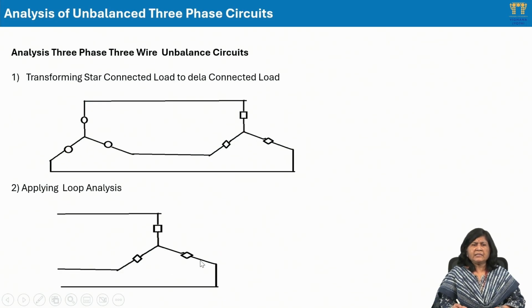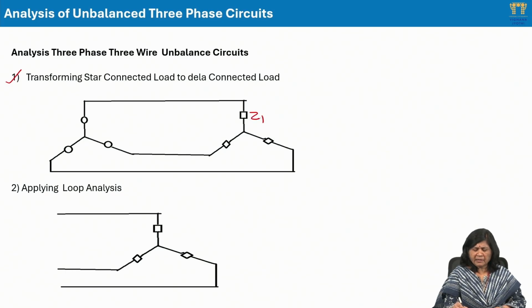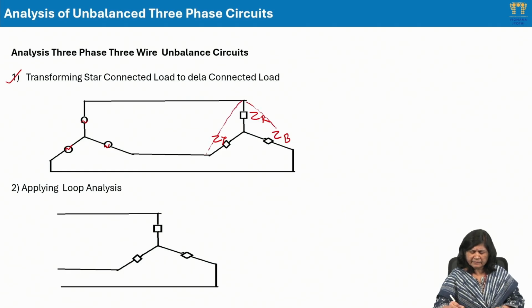So this analysis of a three-phase three-wire unbalanced circuit can be done in three ways. The first method is transforming the star connected load to a delta connected load. So ZR, ZY, ZB, I can transform to an equivalent delta.